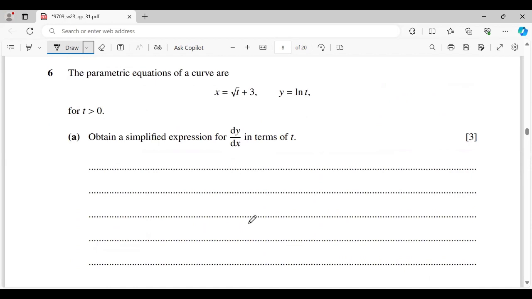Number 6, the parametric equations of a curve are x equals square root t plus 3, y equals ln t.